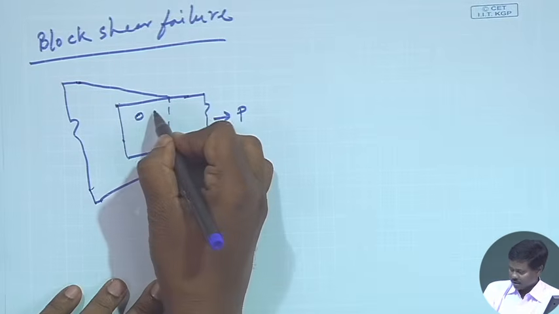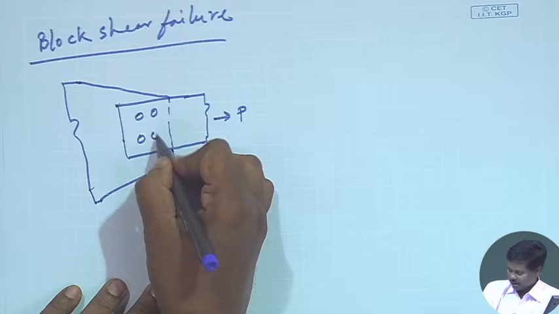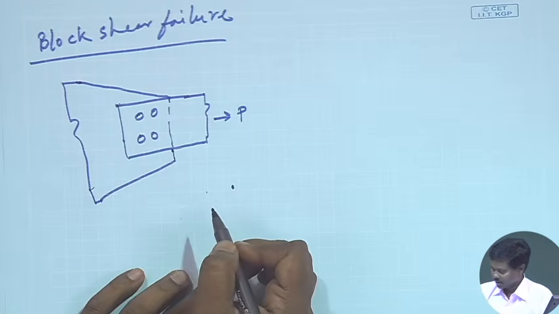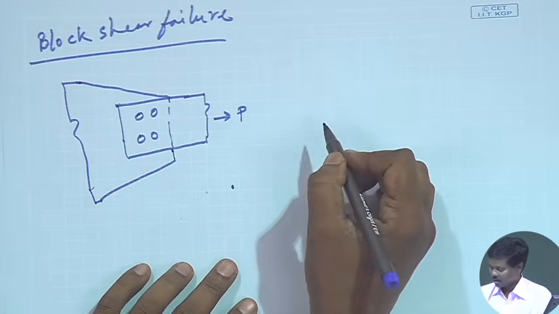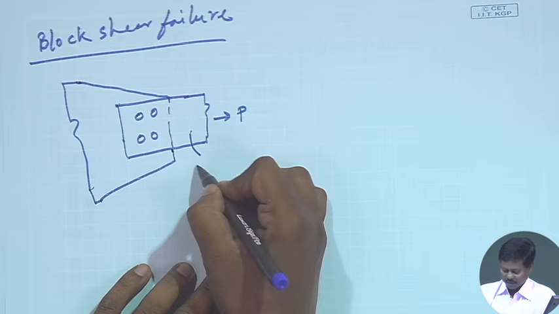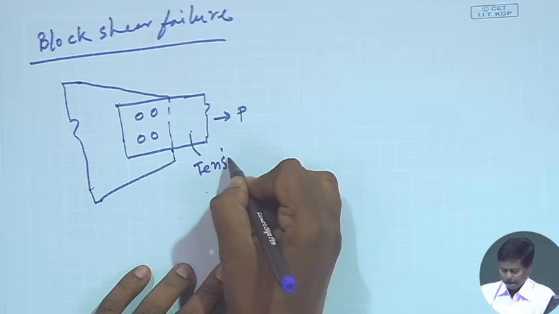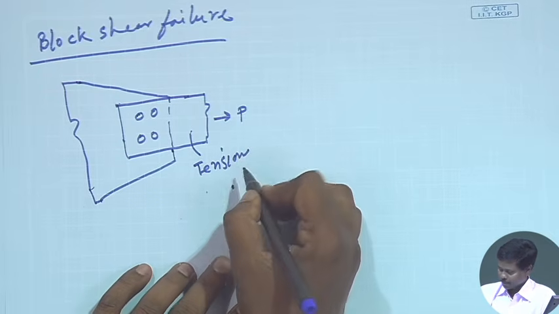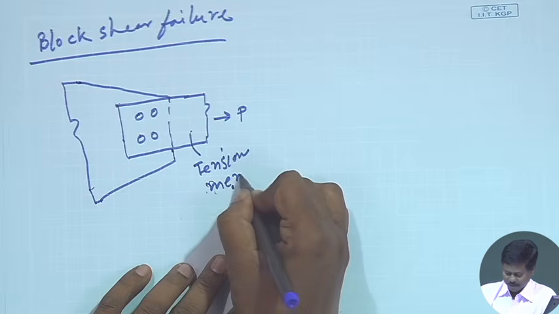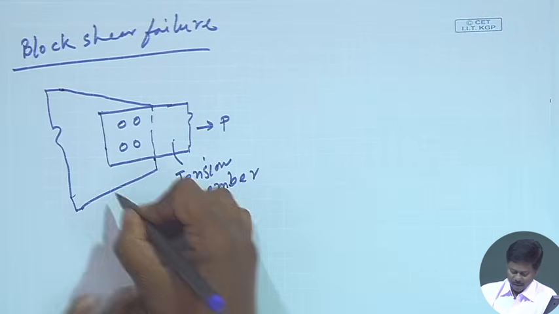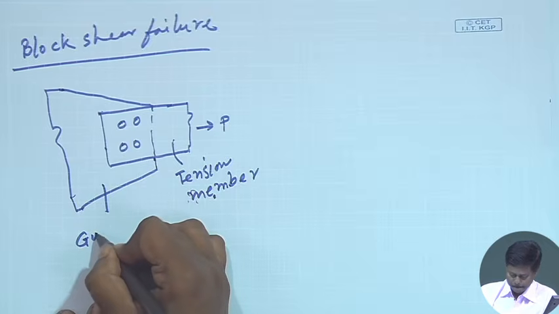Now, if bolts are like this, this is a tension member and this is the gusset plate.